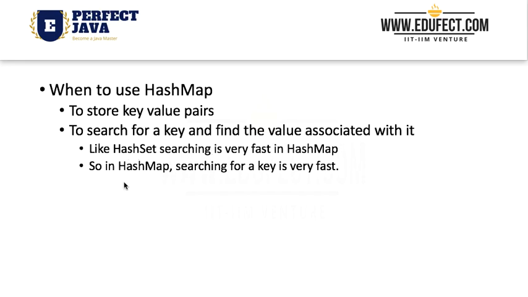Because we can search for a key very fast, we use it to store login credentials, employee databases and telephone directories. If we look at say Google or WhatsApp, when we log into it, it has a billion users. So we need very fast ways to retrieve them. So a hash map is a kind of structure we would use there.